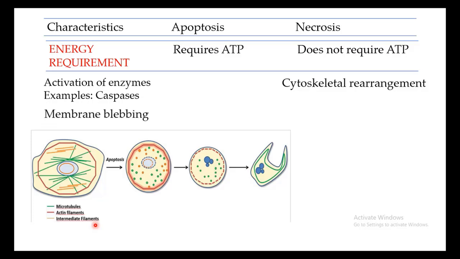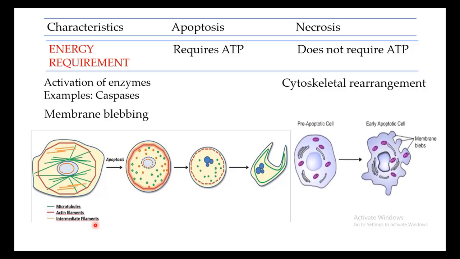Thirdly, there is membrane blebbing in the process of the apoptosis, and that particular membrane blebbing requires energy in the form of the ATP. Let me simply define the blebbing for you. If this is a pro-apoptotic cell, going through the process of the apoptosis, you can see these membrane blebs over here.